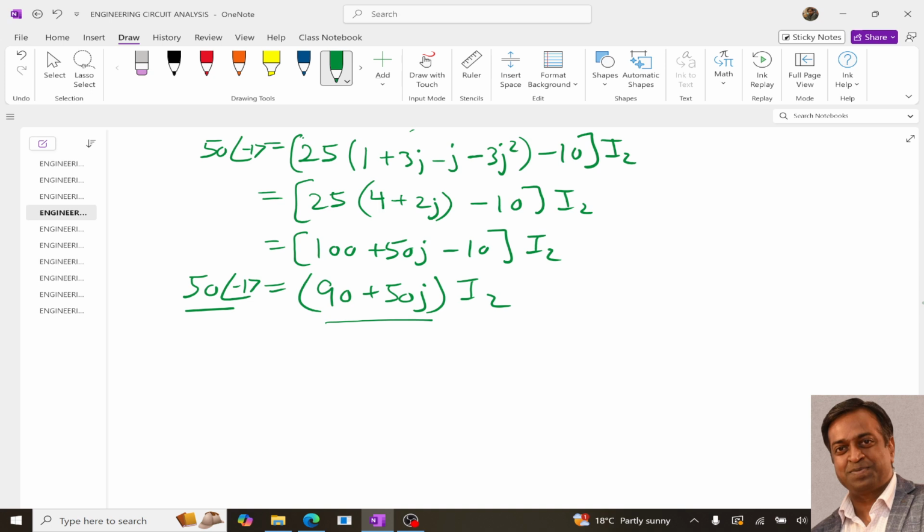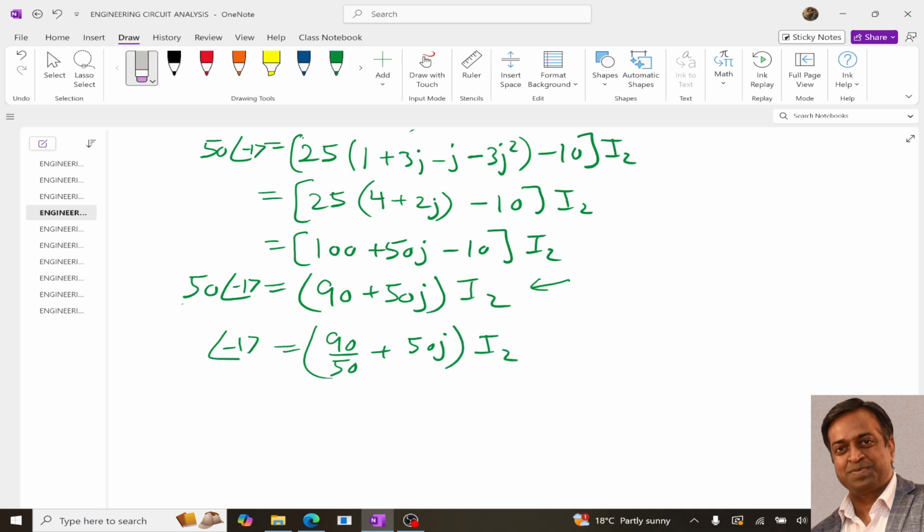Okay, yes. So I can also write it as like this, angle 17 and dividing this complete thing with 50. So I will get 90 divided by 50 plus 50j I2, right?